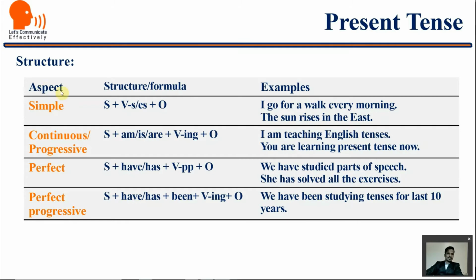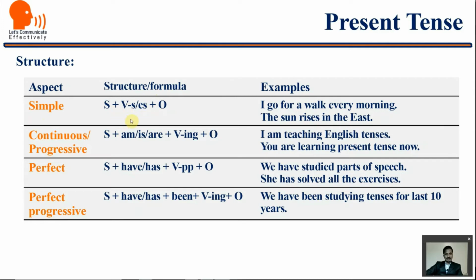So, aspect, structure, formula, and one example I have put here. So, in simple present tense, the structure is subject plus verb, its base form, and s/es plus object. So s/es, I hope you know where to use, and I'm going to tell.